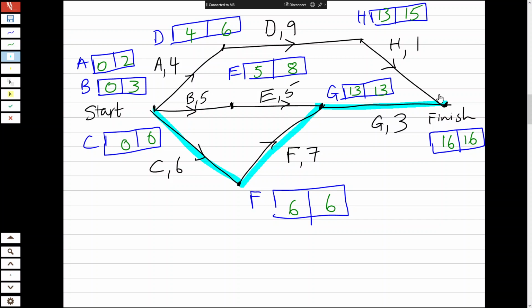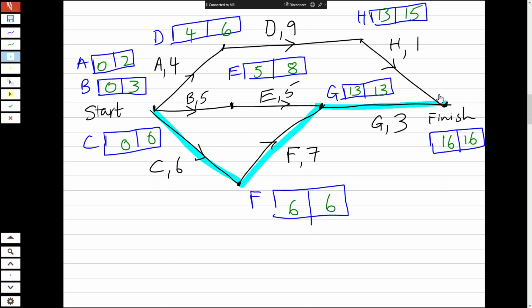Okay, EST of J is 25. Yep. EST of H... Duration is 4.